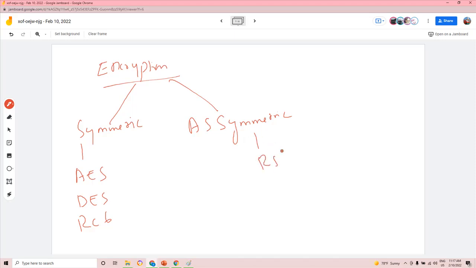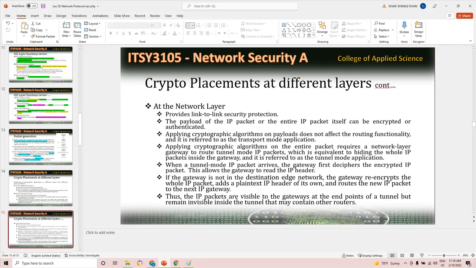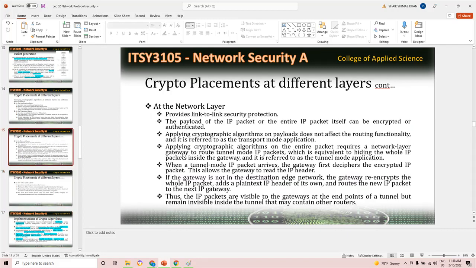Asymmetric means RSA, DSA, Diffie-Hellman. These are the examples of asymmetric cryptographic algorithms. So the point here is, now we have different cryptographic algorithms. Where shall we put them? In the application layer, or in the transport layer, or at the network layer, or at the data link layer? So that is the question.